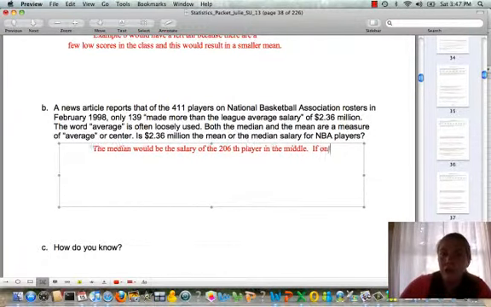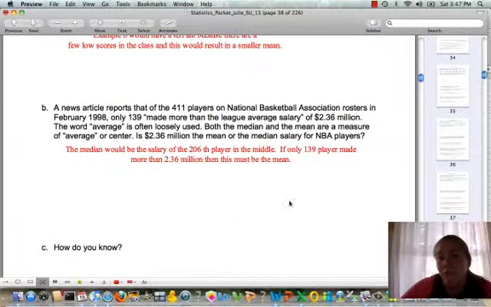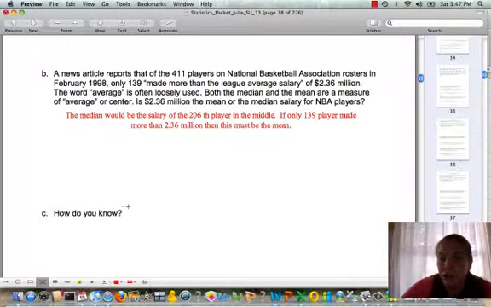If only 139 players made more than 2.36 million, then this must be the mean. Does that make sense? Because the median would be right in the middle, but only 139 players were making more. So this is an example where the mean of 2.36 million is above the median and might not be representative of the basketball players. All right, and I think we answered our part C here.